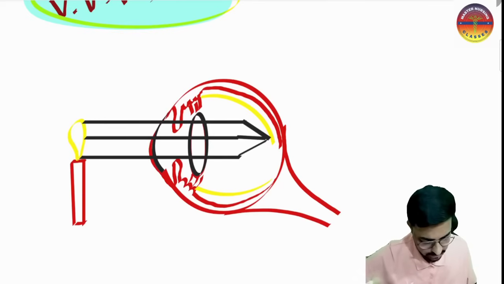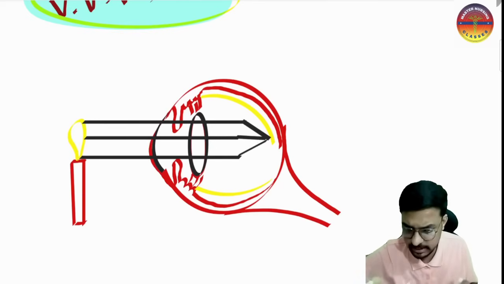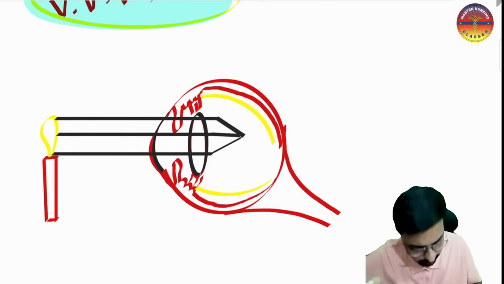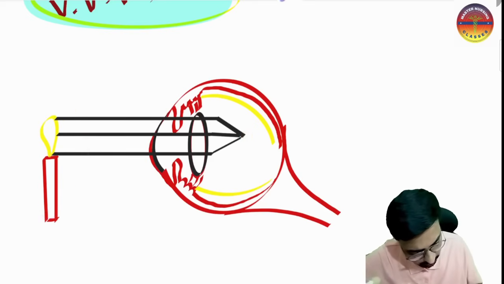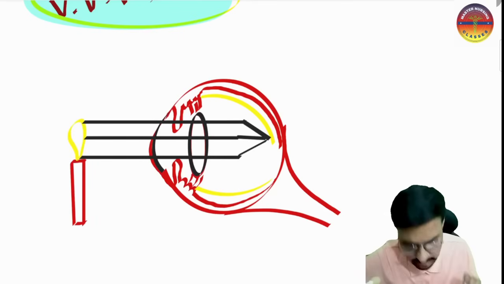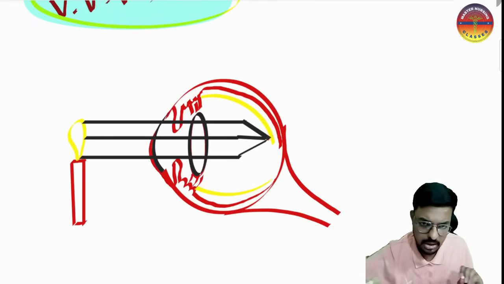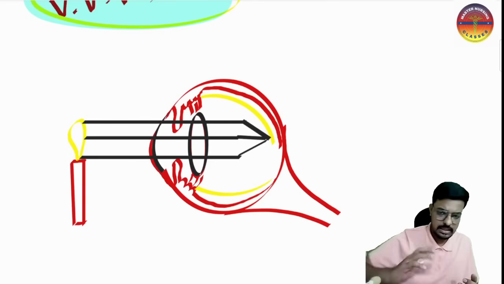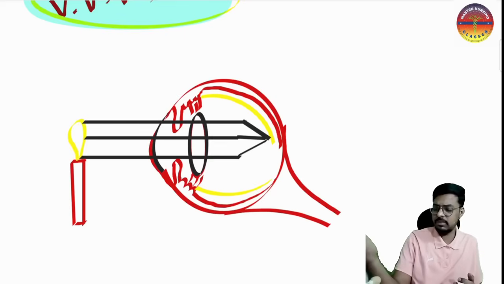If he holds the object at the normal distance, the light rays bend in front of the retina, so he is unable to see the object from far away. Whenever he holds the object near, the light rays bend directly on the retina, so he is able to see things from near but cannot see things from a distance.